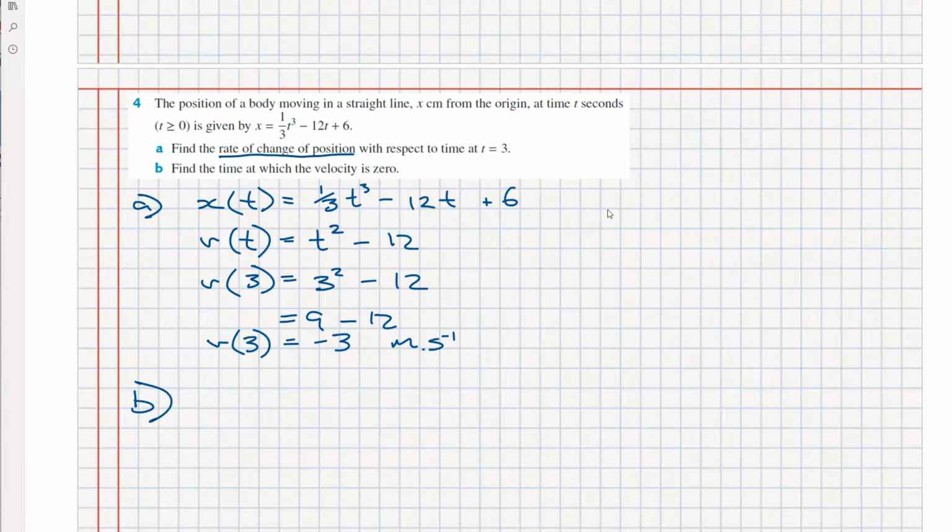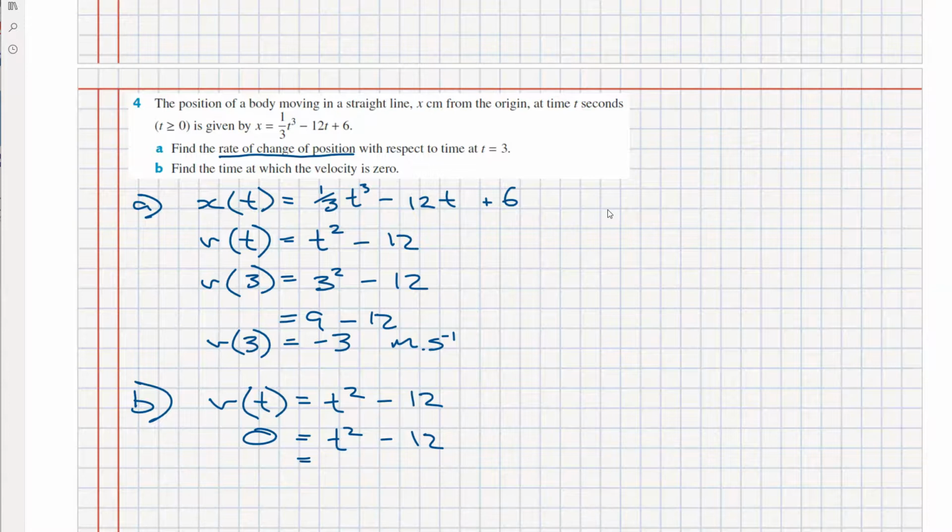Now, part B, find the time at which the velocity is equal to 0. So it's a case of saying, well, if our velocity function is defined as t squared minus 12, what values of t will the velocity equal 0? So it's simply a case of solving for t.